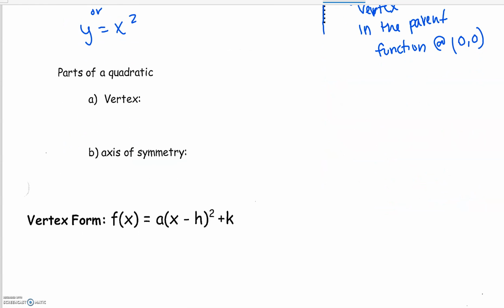So the vertex is the highest or lowest point on the graph. If it's a max, opening down, then it's the highest, and then lowest if it's the minimum, kind of like our example here.